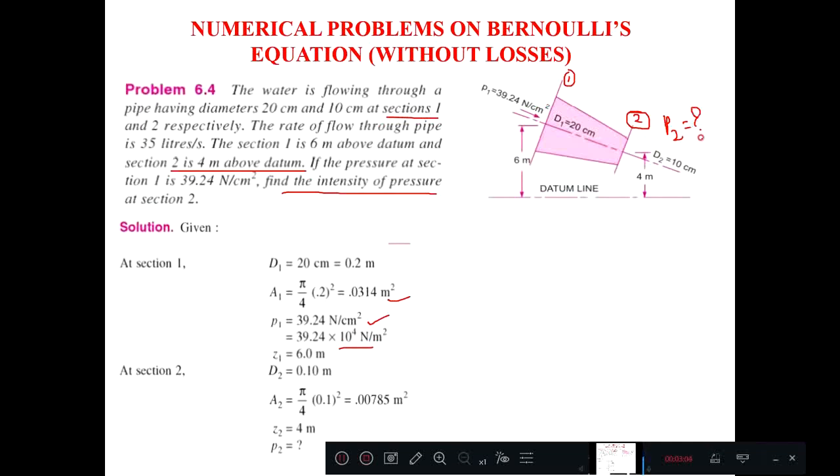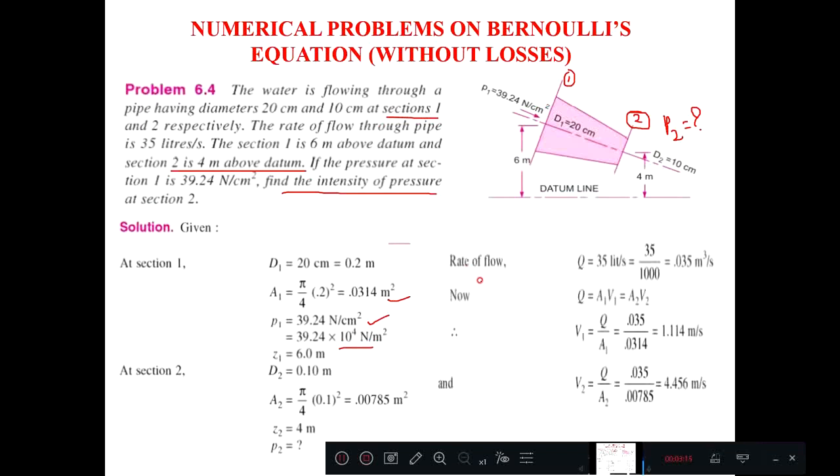Okay. So to calculate the intensity of pressure at section 2, we have the continuity equation as well as Bernoulli's principle. Let us first calculate the rate of flow. The rate of flow is given as Q equal to 35 liter per second, converted into meter cube per second.